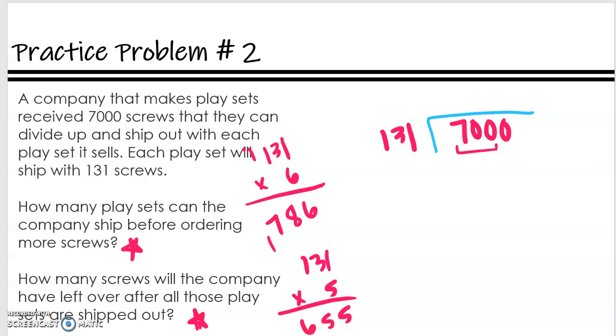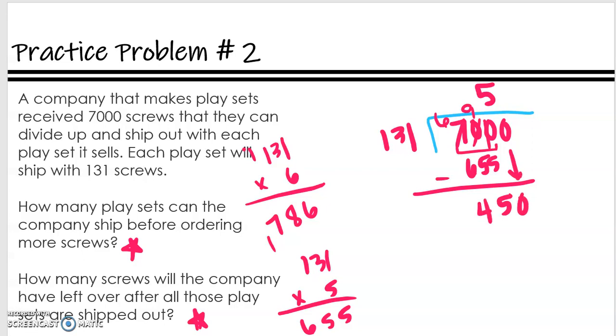15, there we go. Okay, so 131 goes into 700 5 times. That's 655, so I need to subtract. And that's going to be 5 and 45 left over, bring down my 0. 131 times, I'm thinking times 3.